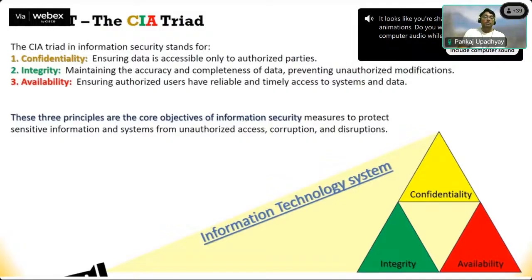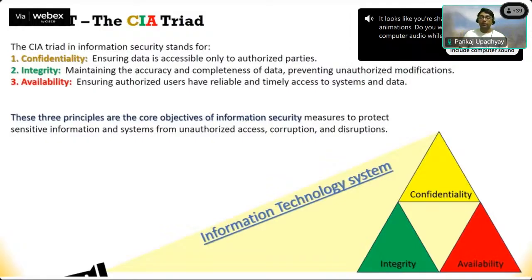Okay, so let's move on. Does anyone have any idea, if I talk about the CIA triad, how confidentiality, integrity, and availability are important in comparison of IT and OT?